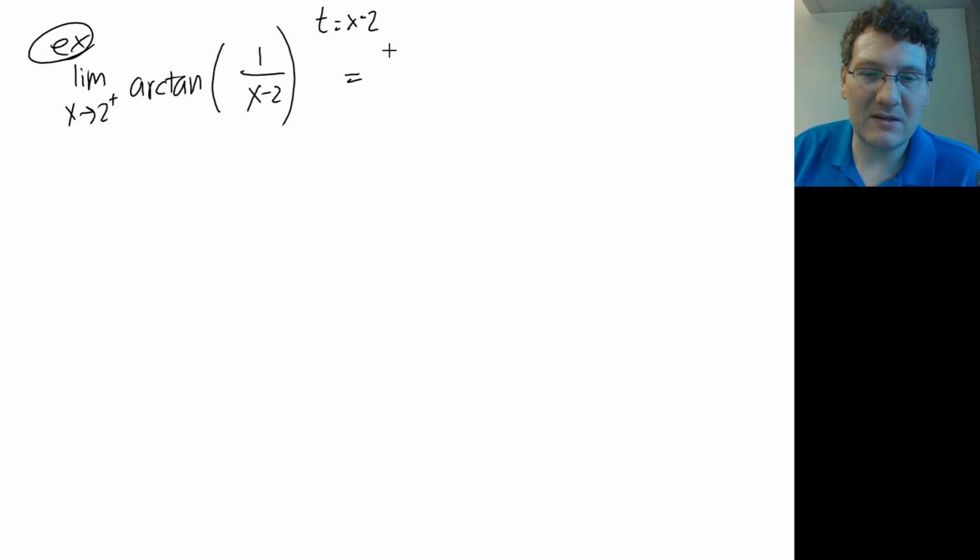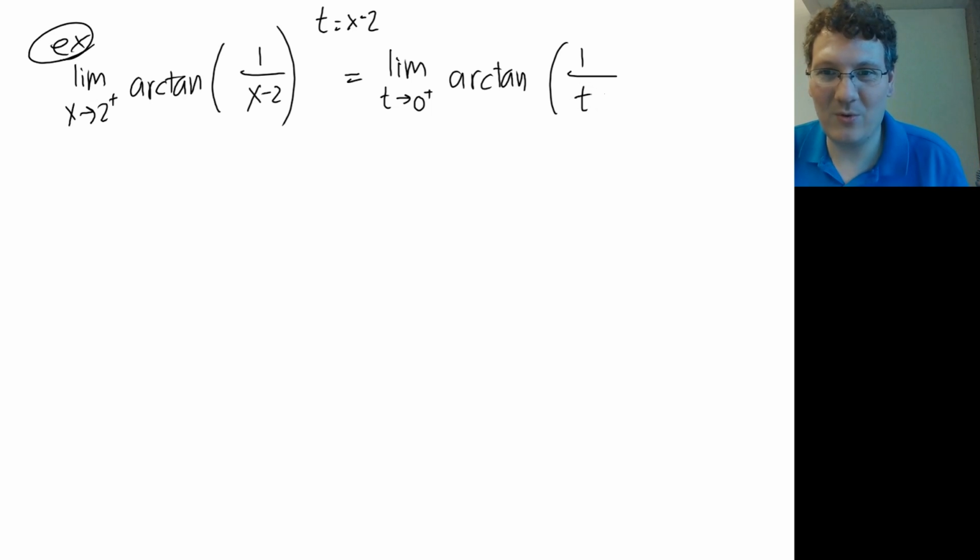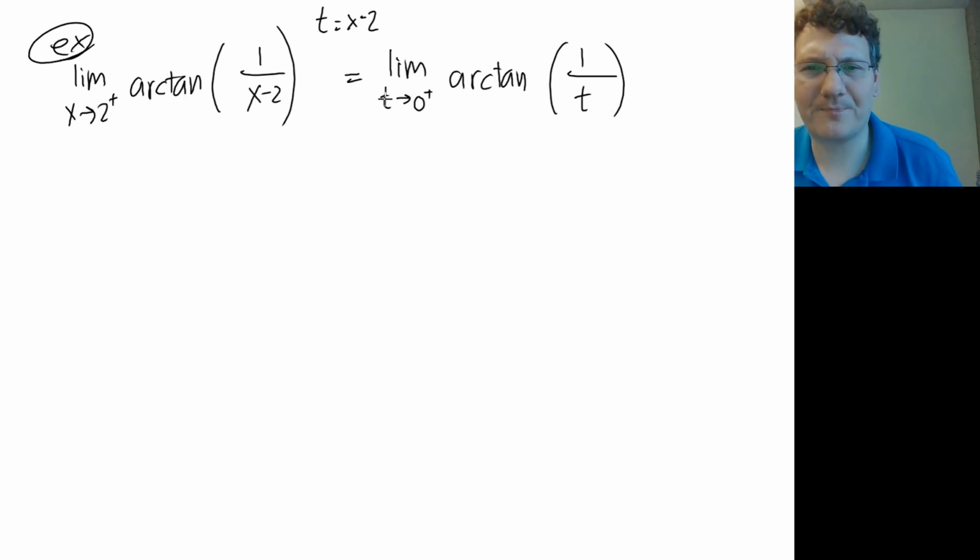It's a little easier to think of this as x is going to 2. That means t is going to go to 0. This is the limit as t is approaching 0 from the right of the arctan of 1 over t. Okay.